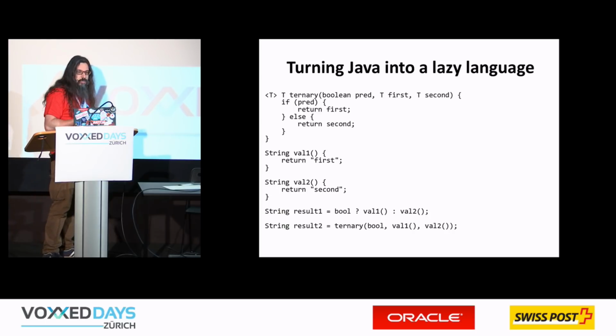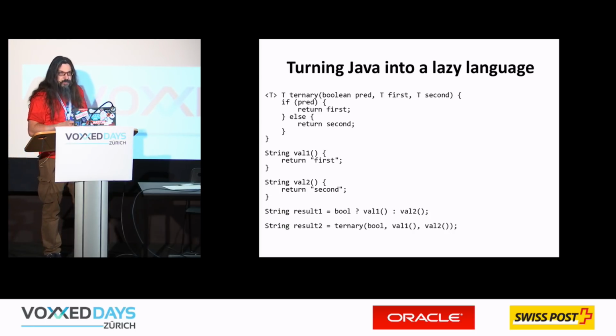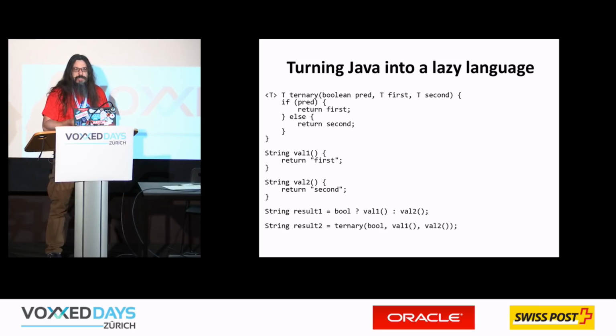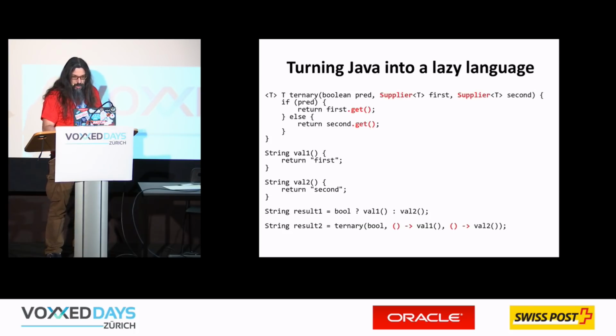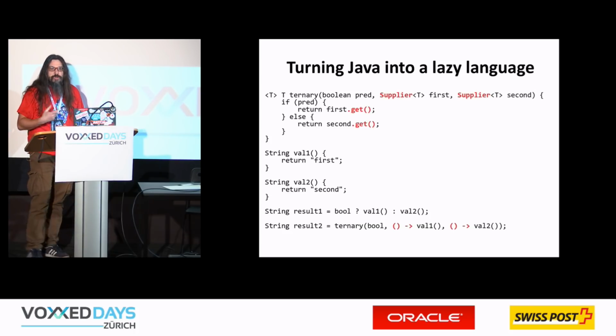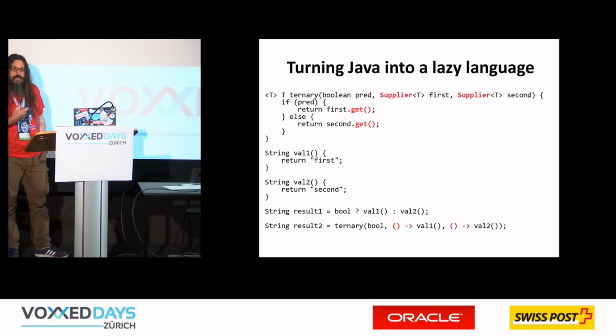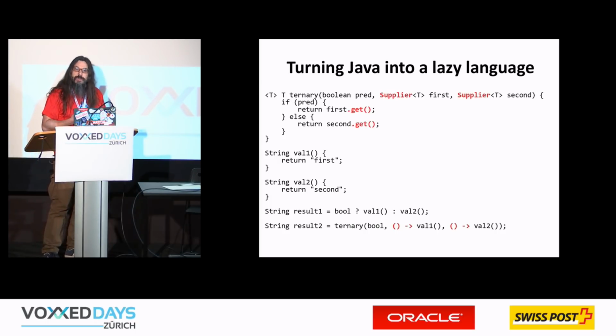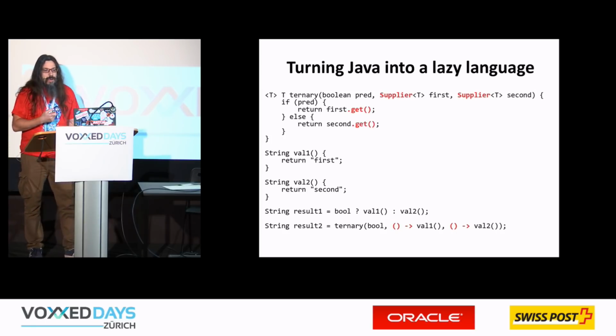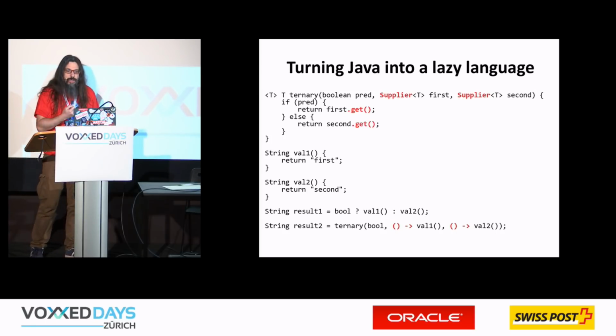But it's really simple in Java to turn this into a lazily evaluated method, to recreate a ternary operator with this method. The trick is just changing the type of the two arguments and passing a Supplier instead. So I'm not passing to the method the result of the invocation.